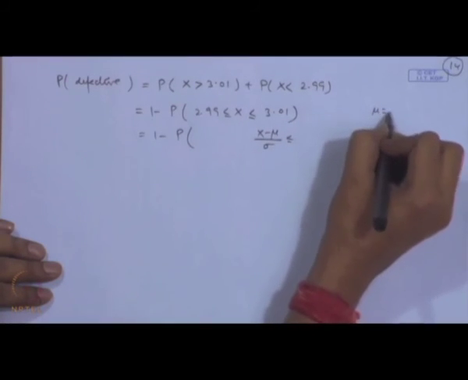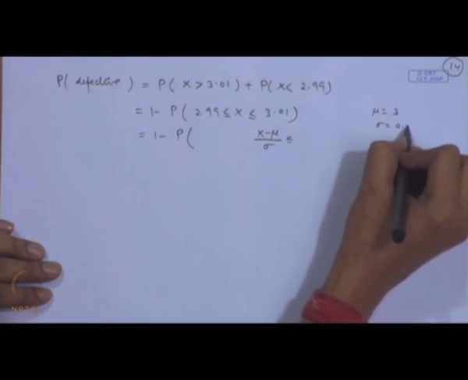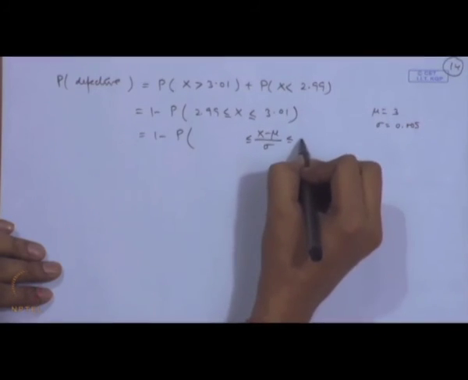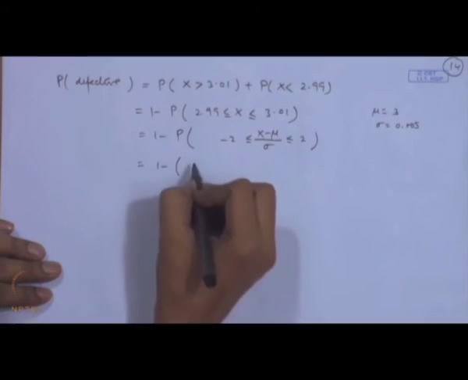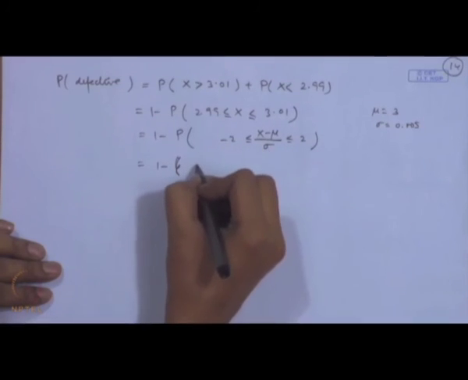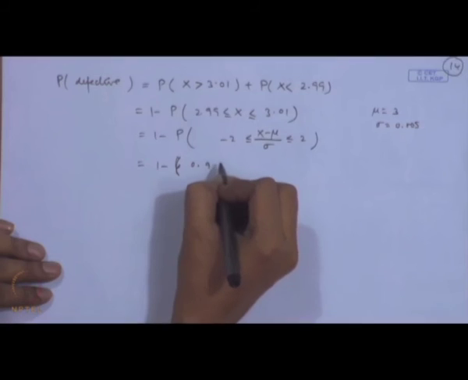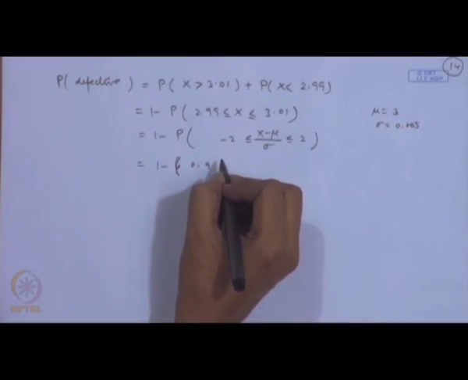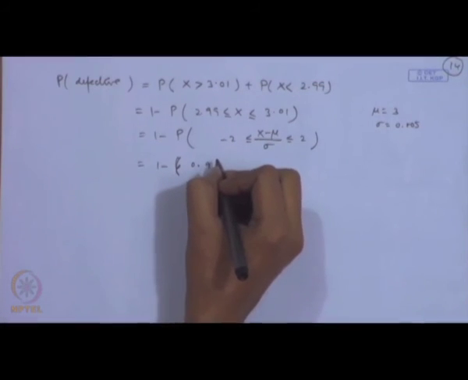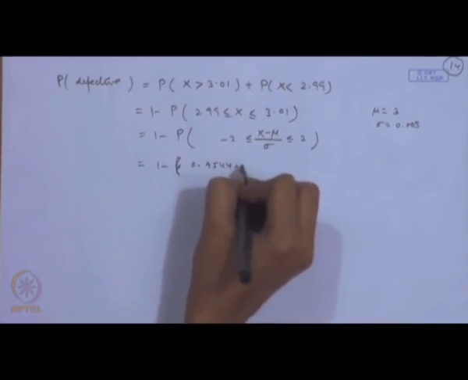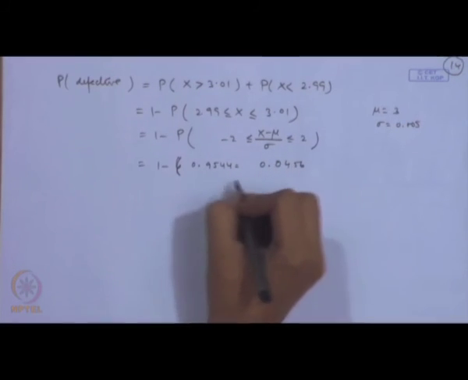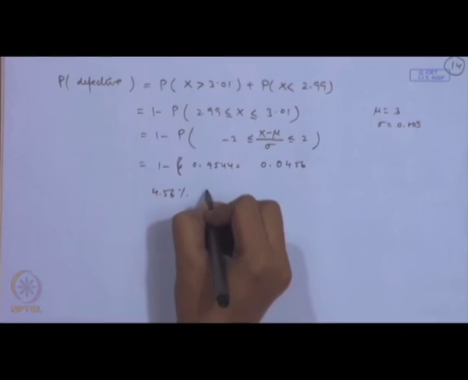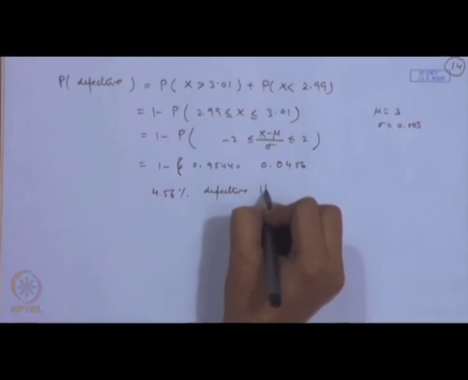Here mu is equal to 3 and sigma is equal to 0.005. So, if you do this, you will get 1 minus this probability, which we just now calculated, that was equal to 0.9544. So, that is 0.0456, that is 4.56% defective items are there.